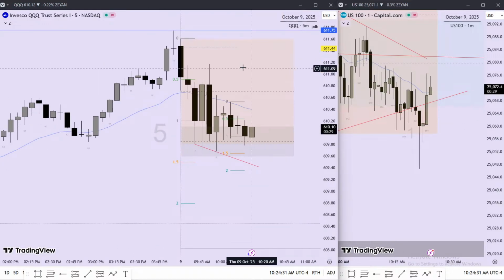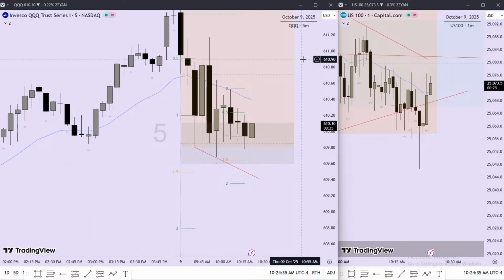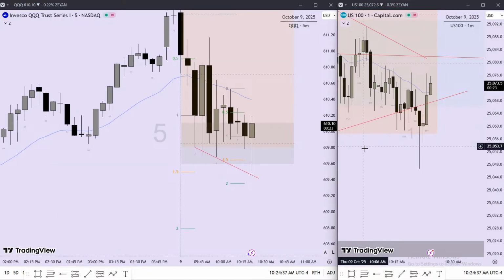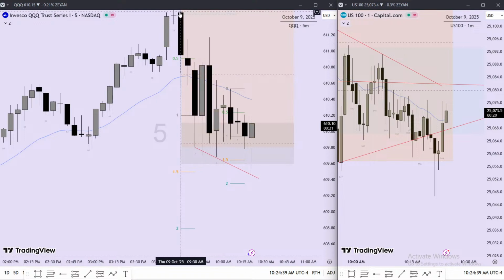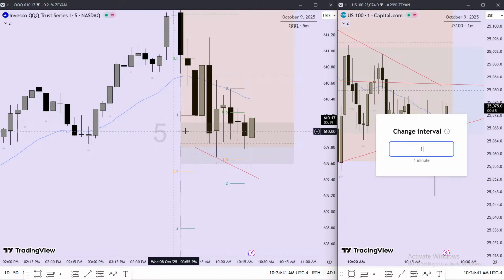On the 5 minutes, it's still intact to the downside. What do I mean by being intact? This is the candle which is holding price towards the downside. We wicked to the upside and the low point.